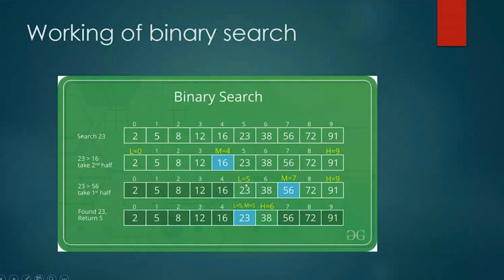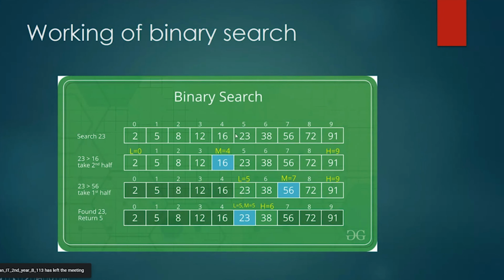So now we have 5 and 6 only, l equal to 5 and r equal to 6. We will consider these two only. Again we will find the middle index: 6 plus 5 by 2 will give us 5. Again we compare with 23. 23 equals 23, so we found 23 in our list and we will return its index.